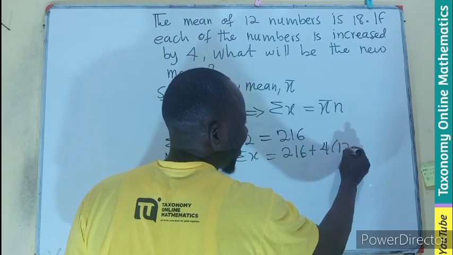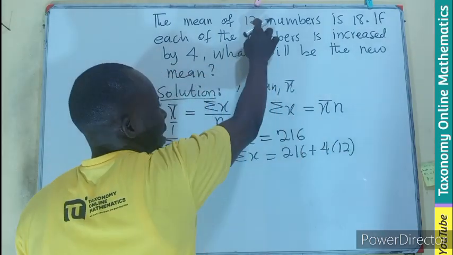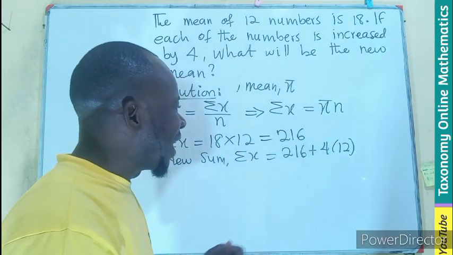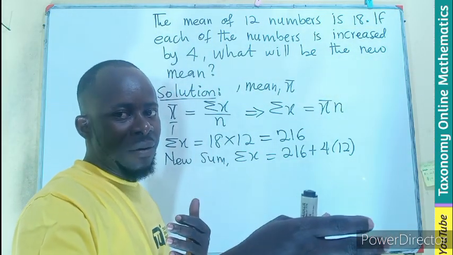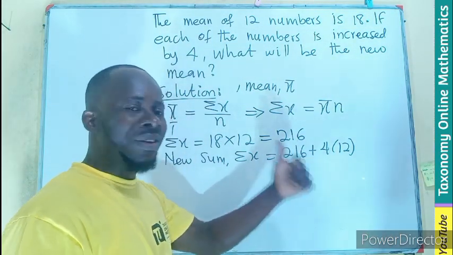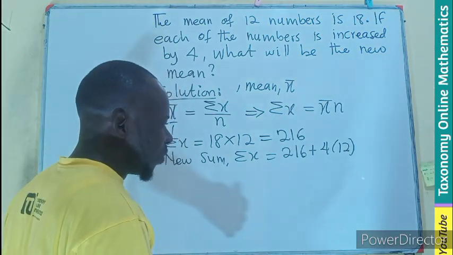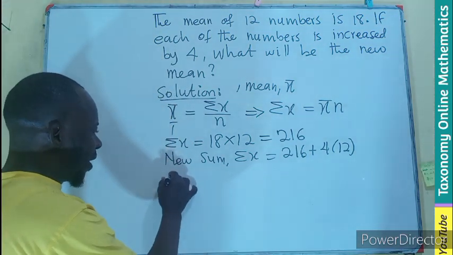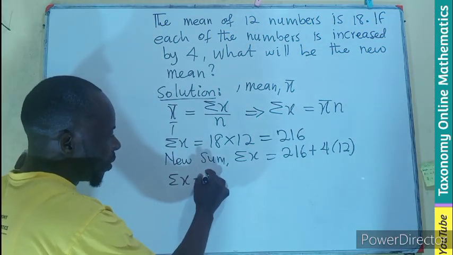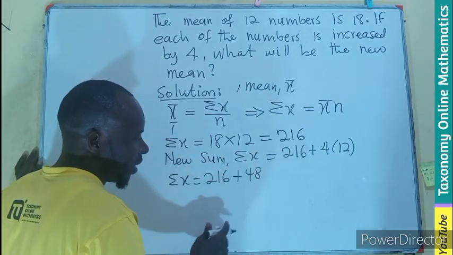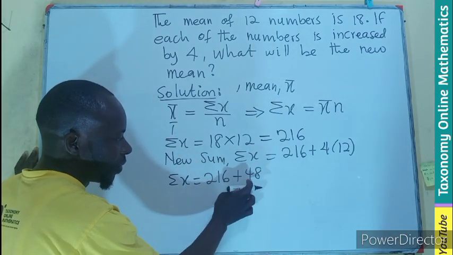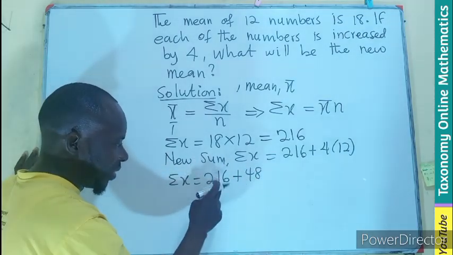I wanted to use 6, but 12 is the number of numbers. So we are adding 4 twelve different times, because there are 12 data. So 4 times 12 is 48, and the summation becomes 216 plus 48.